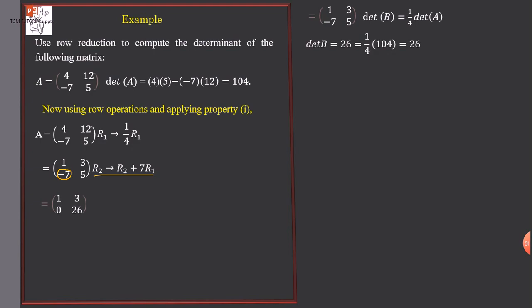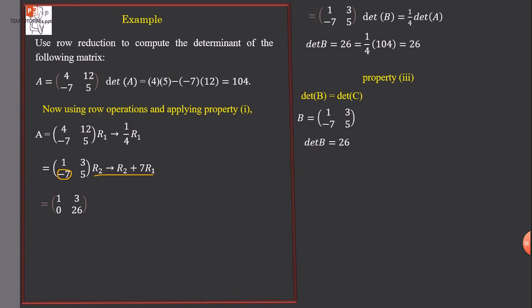From this one, we are using the property which says that adding a multiple of one row or column onto another row or column does not change the determinant.